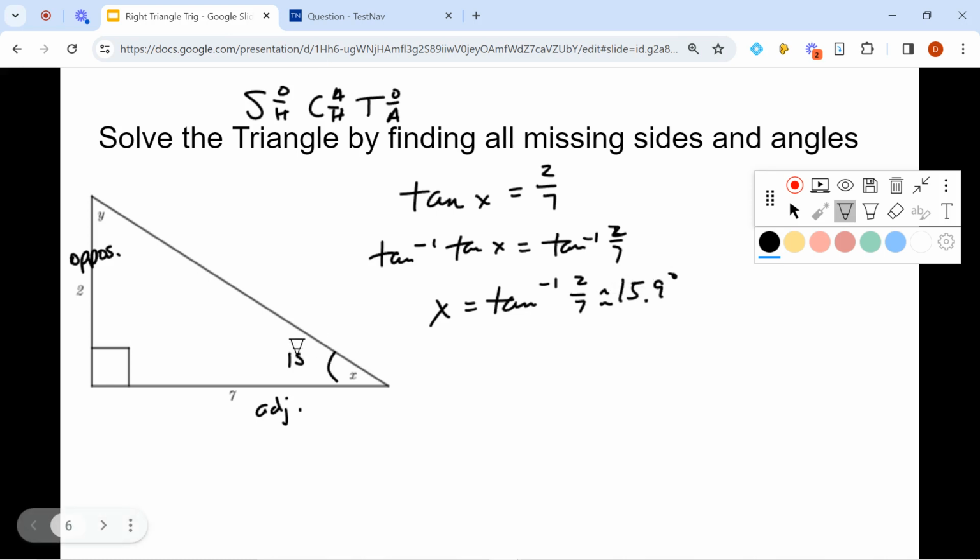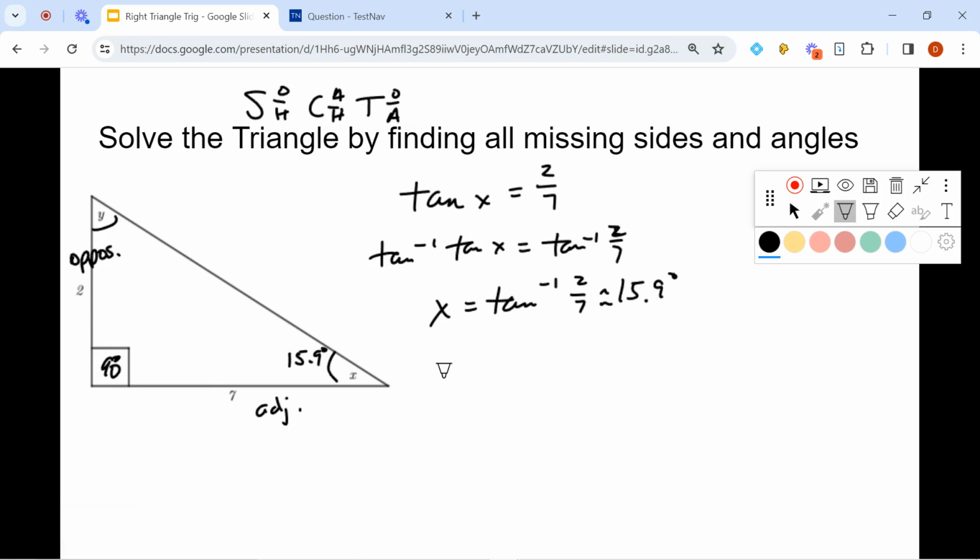Now there's a bunch of things that you can do. If you want to find y, you know that this is 90 degrees, and that's 15.9, subtracted from 180. You could also find y by using 7, which is the opposite side, and 2, which is the adjacent side, and do inverse tan.